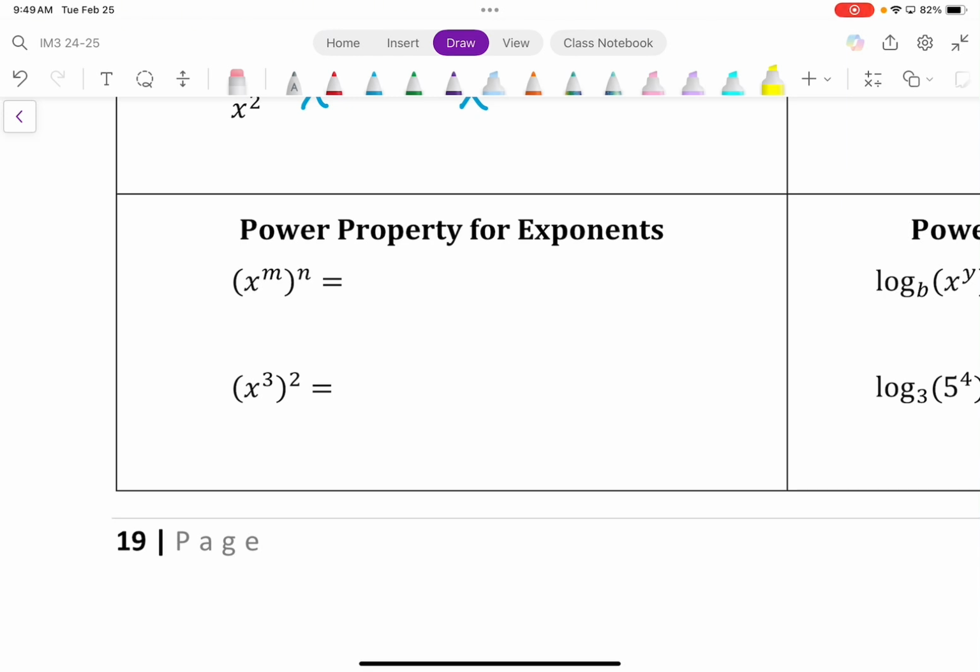So we get x to the m times n power, like that. Okay, and then with some actual numbers, x to the third raised to the second could be the following, x to the third times 2, which 3 times 2 gives us 6.